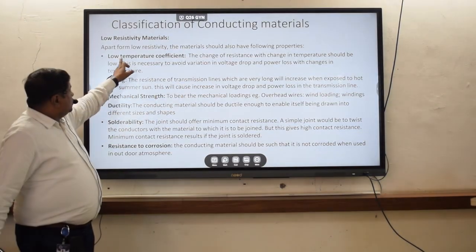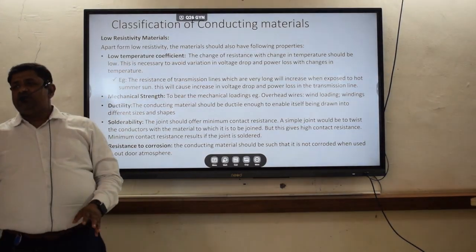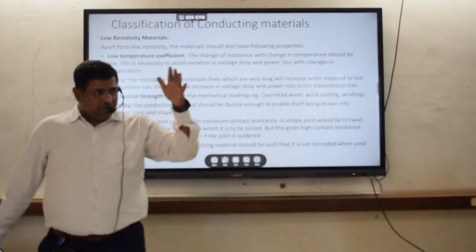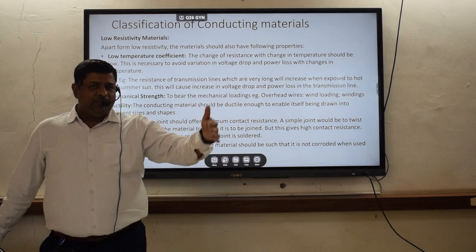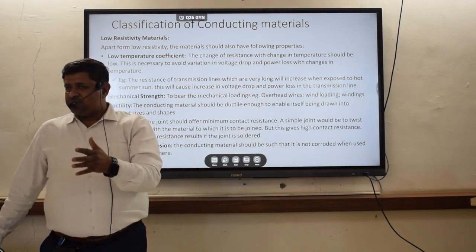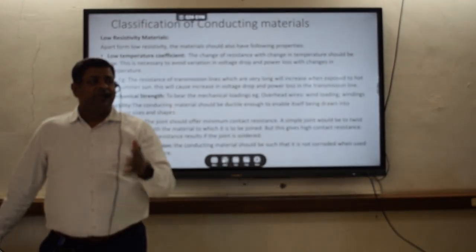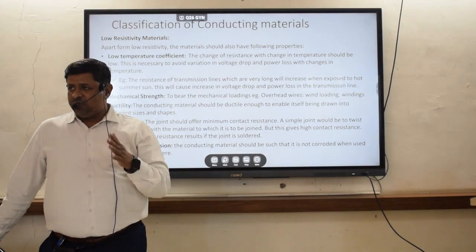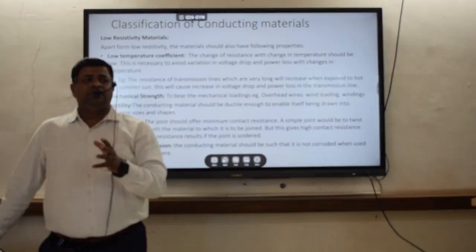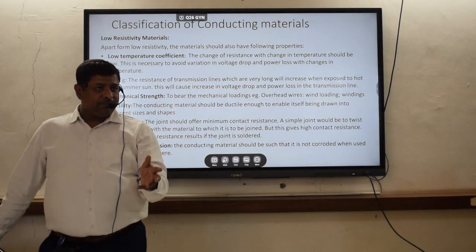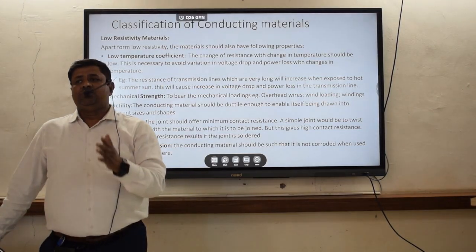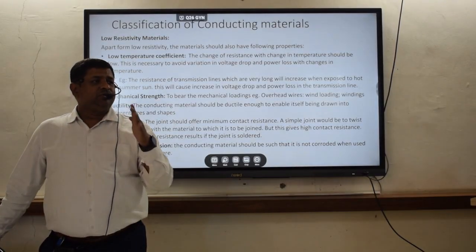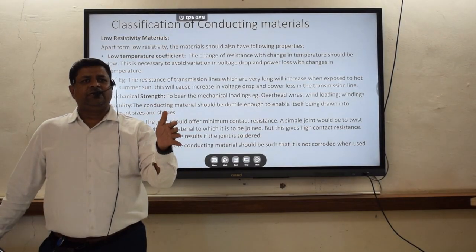So if this low temperature coefficient is there, you will have low power losses during the flow of current or transmission of power from one place to another. The power losses and voltage drop will be less. Low temperature coefficient means there should not be a large fluctuation in the resistance of the material due to the fluctuation in temperature.